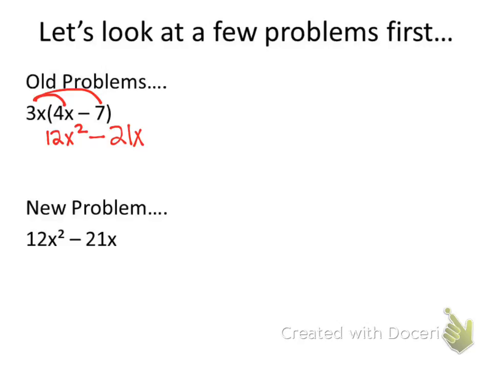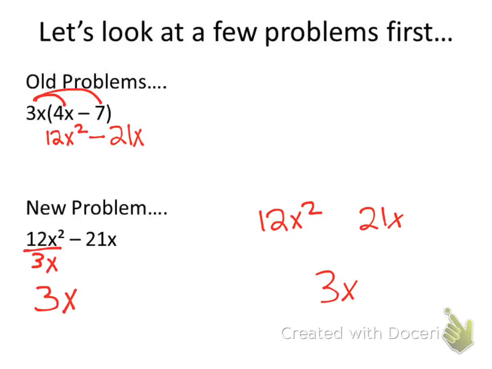Here's the new way. I'll give you something like this. See, it's the same thing as we just got. And you would first find the greatest common factor between 12x squared and 21x. It ends up being 3x. I'll just spoil it for you. So you write the GCF in the front, and then you divide each term by the GCF.